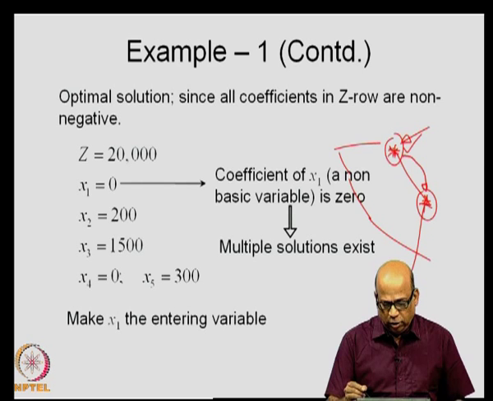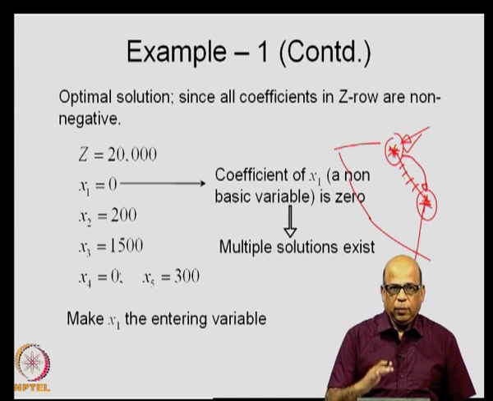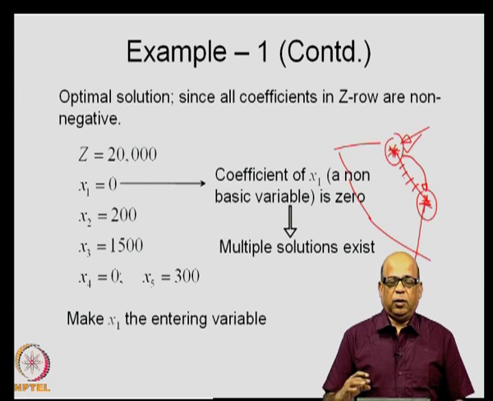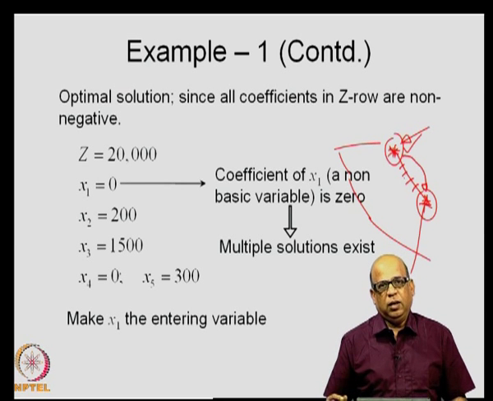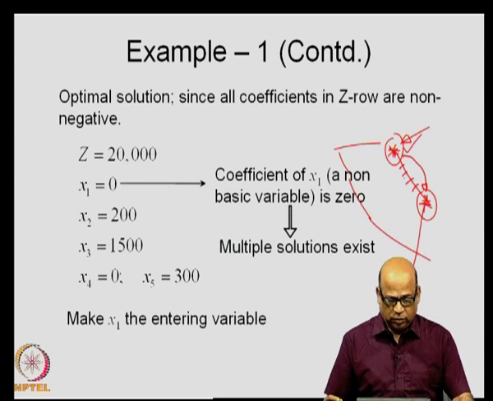Any point on the line joining these two optimal solutions on the feasible space is also an optimal solution, giving you the same z value, and therefore you can obtain infinitely many solutions for this particular problem, which means that if you can identify two solutions, you can identify infinitely many solutions.